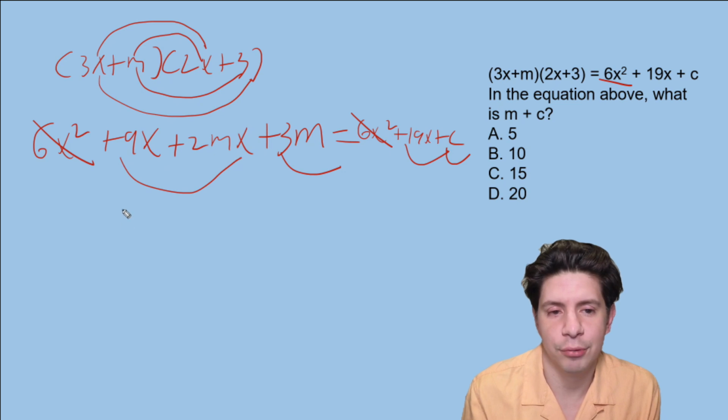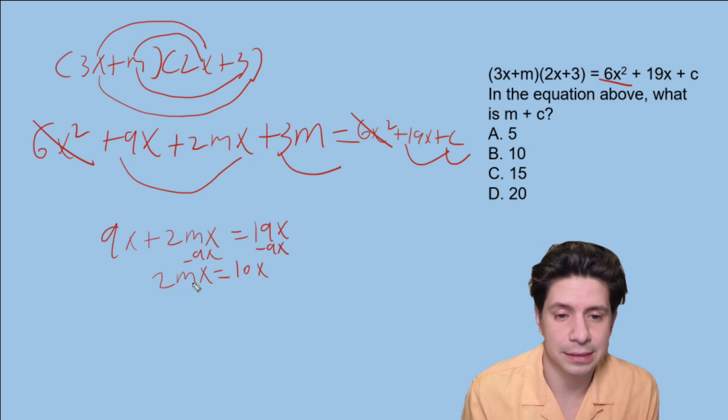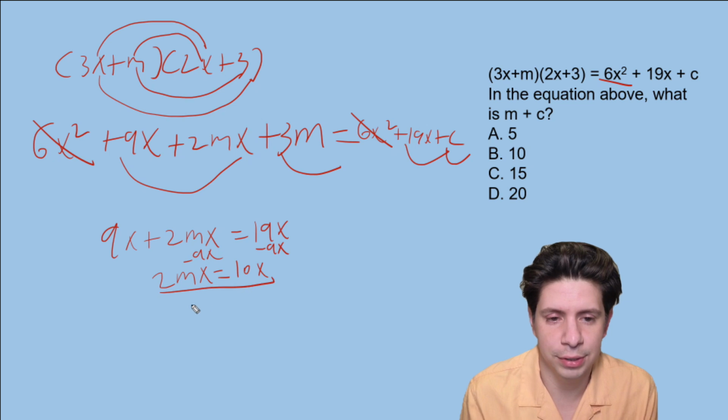So to find m, we do 9x + 2mx = 19x. Then we subtract 9x, and we get 2mx = 10x. Then we divide out the 2x, and we get m = 5.